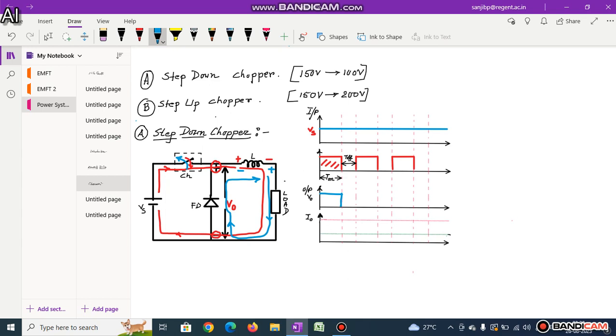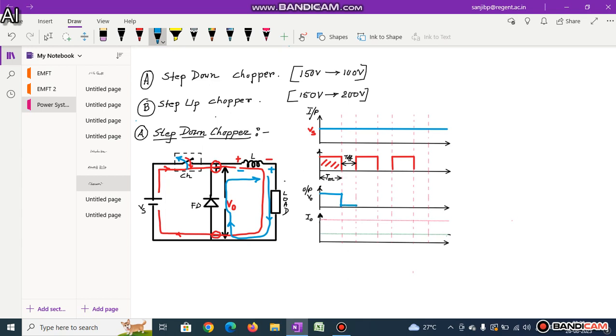The importance of this diode is to carry the current, the stored charge of the inductor will be released, and this current will flow through this diode. At that time there will be no voltage, because it is only discharging the current.